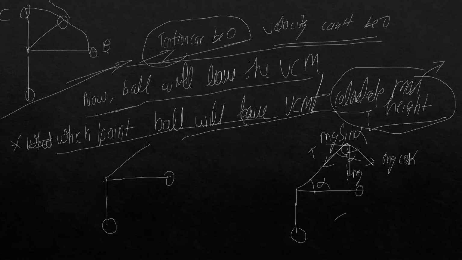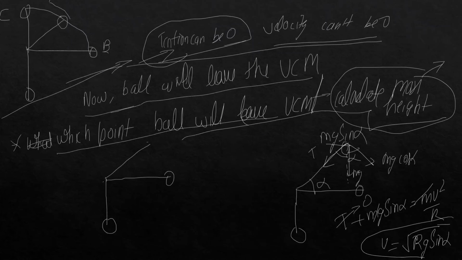So tension plus mg sin alpha is equal to mv square upon r. We already said tension will become 0 so that it leaves the surface, and velocity is equal to under root rg sin alpha. So when it leaves the surface, at that time velocity is equal to under root rg sin alpha.